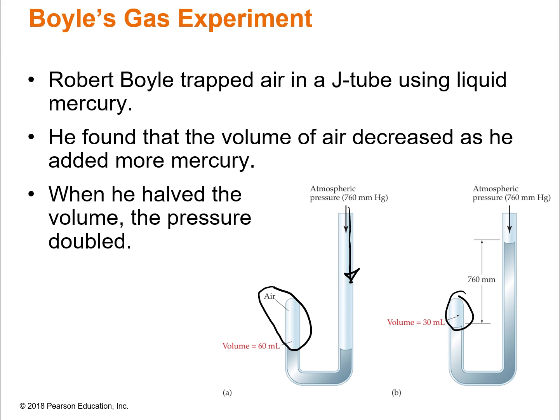So if you start with 30 milliliters of air trapped, and you have a set volume of liquid mercury, which is what the gray stuff is, if you decrease that volume of mercury, you're going to increase the volume of air that you've trapped.